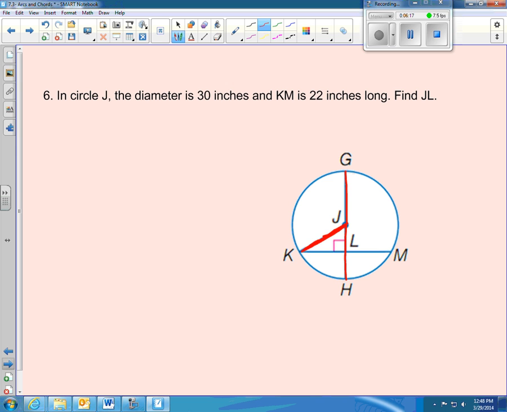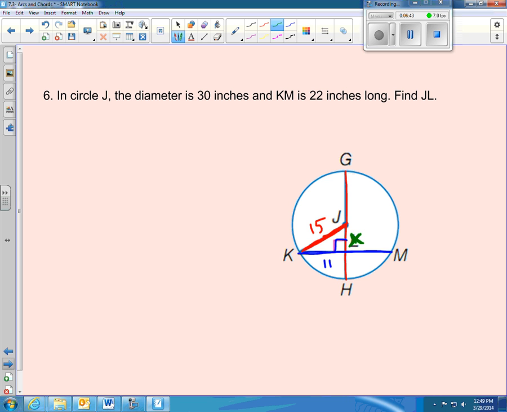A radius is half a diameter, so that's 15. It says KM is 22 inches long, so that is this chord here. Now, we have a 90-degree mark, so we know that it's going to break KM up into KL and LM, and those are going to be congruent. So this is going to be 11. And it asks you to find JL. I'm going to mark that with an X.